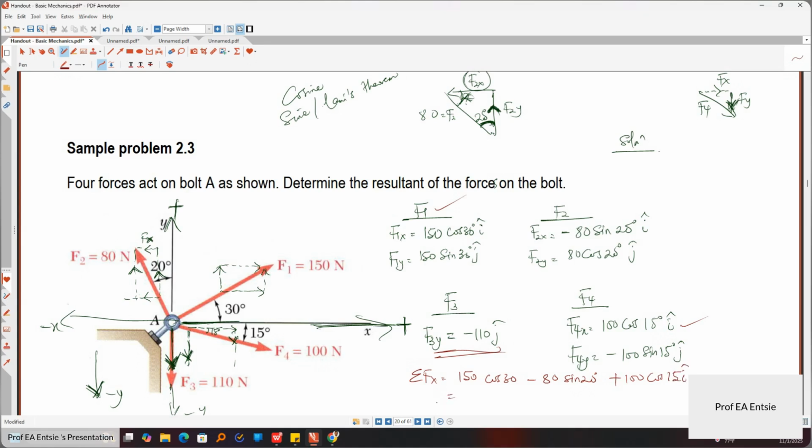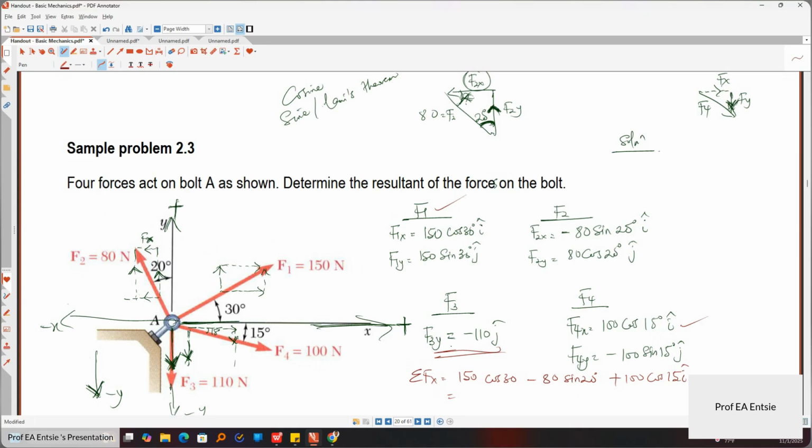Then what do you get from these computations? Immediately you bring your calculator out. So 150 cos 30 minus 80 sine 20 plus 100 cos 15.